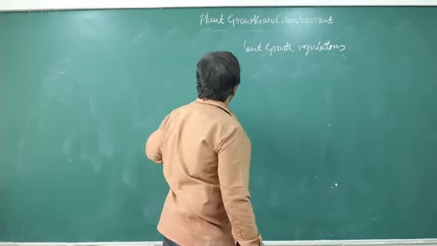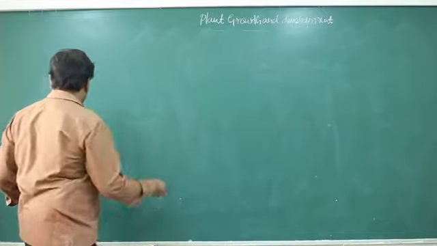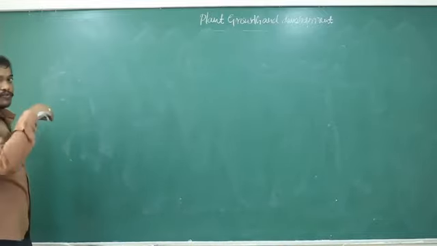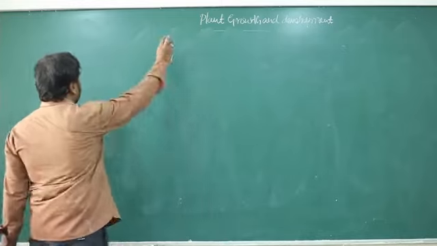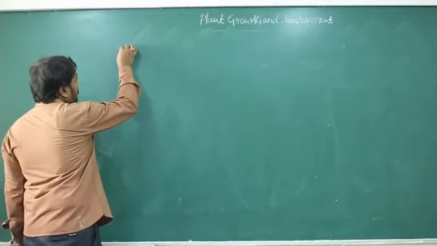Fruit ripening and all. Okay, so next come to the group of plants with respect to their flowering mechanism, the flowering phenomenon. Based on that, plants can be divided based on flowering pattern.